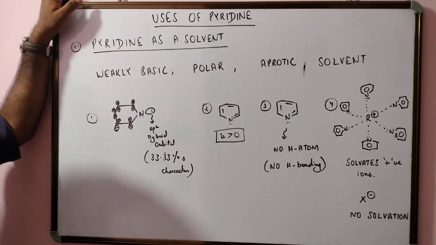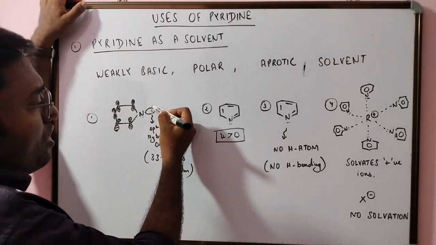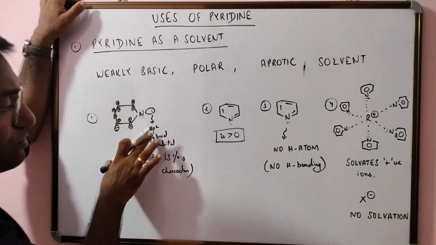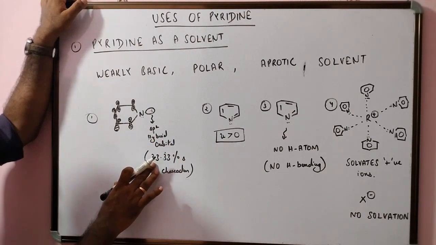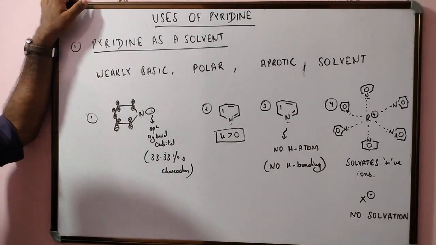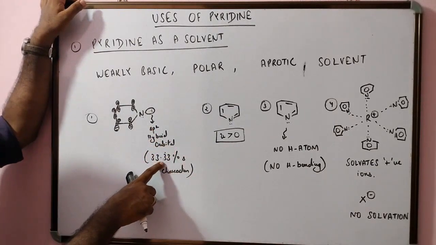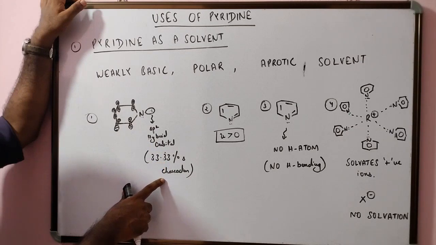The reason for this again is that the electron lies in an orbital which has a greater proportion of s character. To be accurate, the sp2 hybrid orbital has 33.33% of s character.